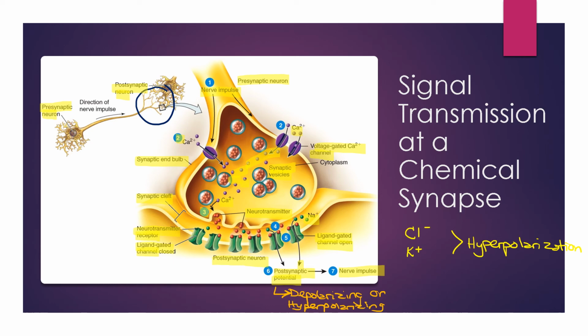Now, when the depolarizing postsynaptic potential reaches threshold, it's going to trigger that action potential in the axon of the postsynaptic neuron, like we saw here. At most chemical synapses, only one-way information transfer can occur, just from presynaptic to postsynaptic.